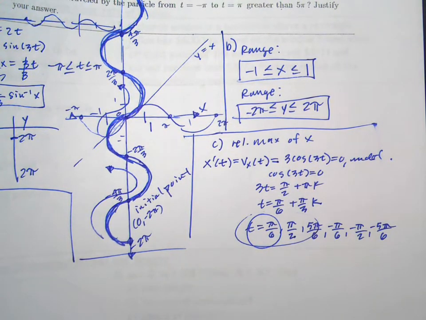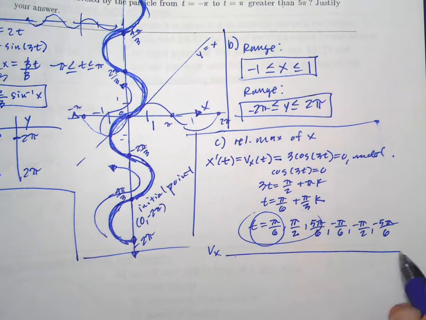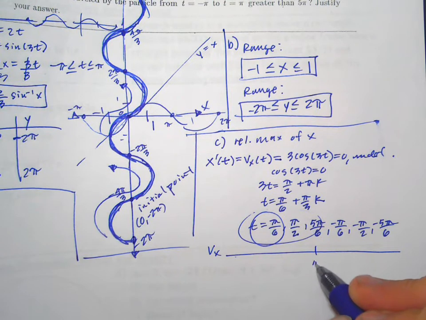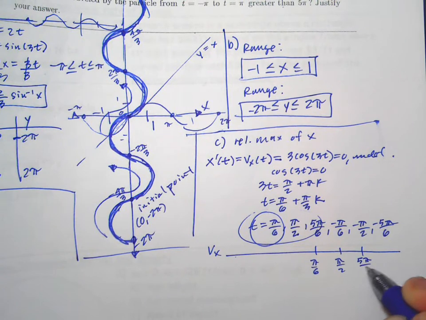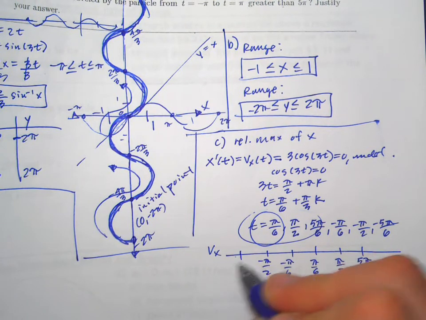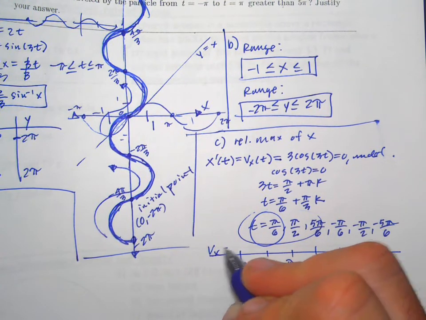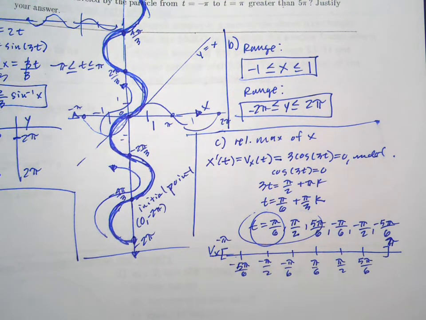Well, these aren't necessarily relative maxes. So we could do a line check real quick. We're only concerned with negative pi to positive pi. These are times. Okay, so we're going to test a value. Time equals 0, I don't know.